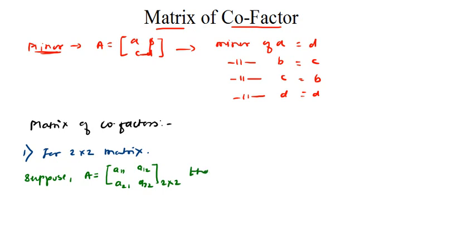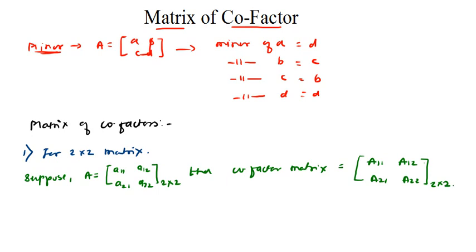Then its cofactor matrix will be given by the matrix capital A11, capital A12, capital A21, capital A22, which is again a matrix of order 2 by 2.